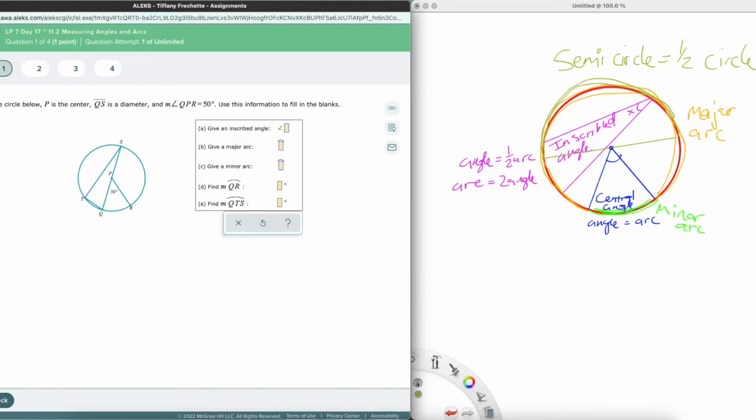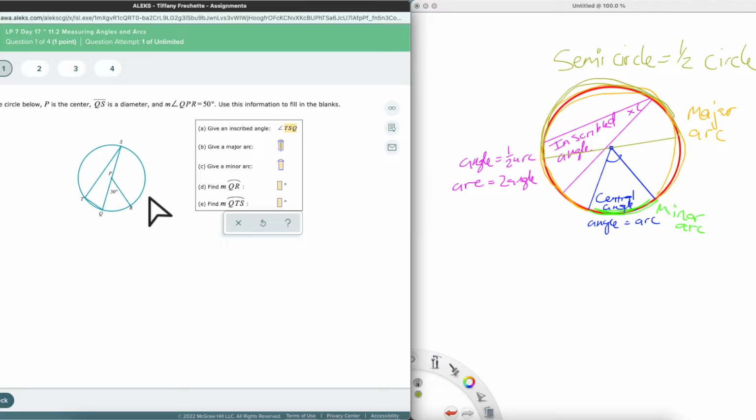I'm going to go with S for whatever reason, so I'm going to go angle TSQ. Make sure you use 3 letters. If there aren't numbers inside for labels, use 3 letters to make sure that we know which angle you're talking about, because sometimes there can be more than one angle. So definitely use the 3 letters approach for naming.